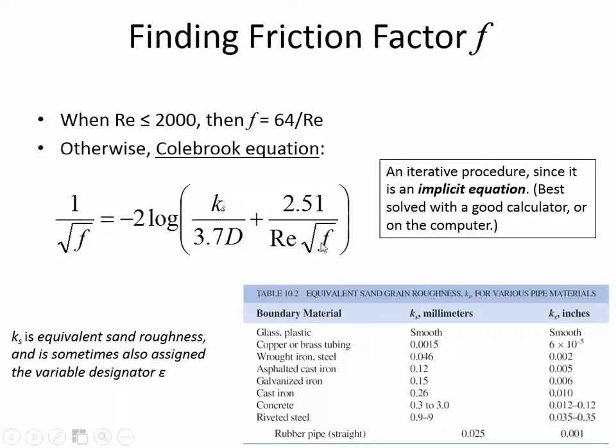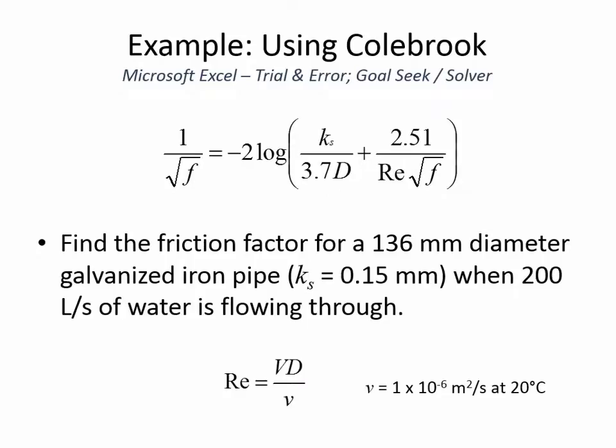Then we'll find out what the right-hand side of the equation is for that same guess F value that we used on the left-hand side. And we'll keep changing the F value until the left-hand side and the right-hand side of the equation match each other. So here's our first attempt at trying to solve the Colebrook equation.